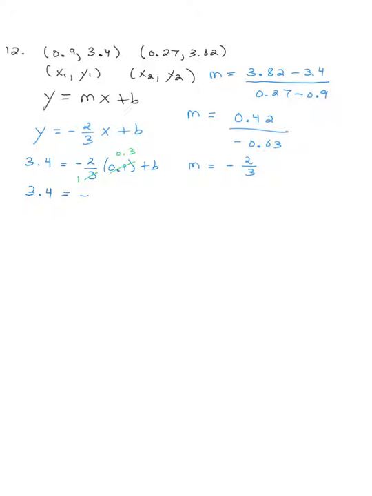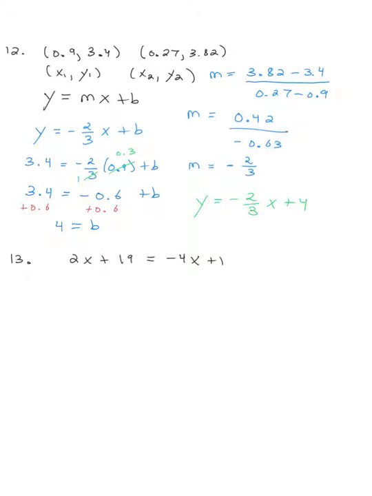So this is negative 0.6 plus b. Excellent. Now add 0.6 to both sides, and it takes me to 4 for b. My answer is y is equal to negative 2/3 x plus 4.